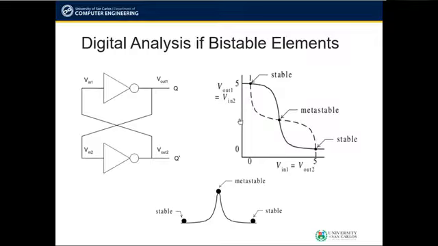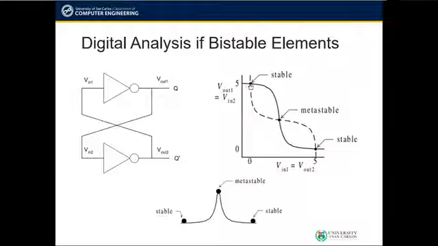This diagram will show us the behavior of the circuit with regards to the input or output voltages. We can see that when Vout1 or Vin2 is logic 1, or approximately 5 volts, Vin1 or Vout2 is logic 0, or approximately 0 volts. This is considered a stable state, and the circuit is capable of holding this state indefinitely.